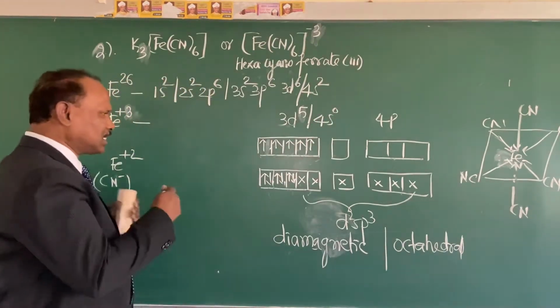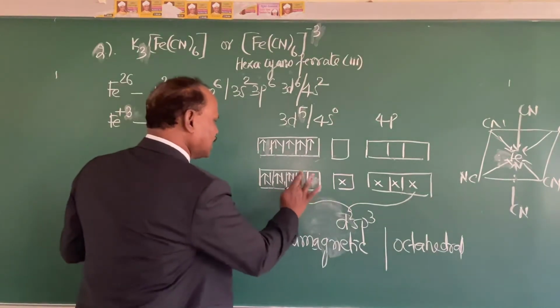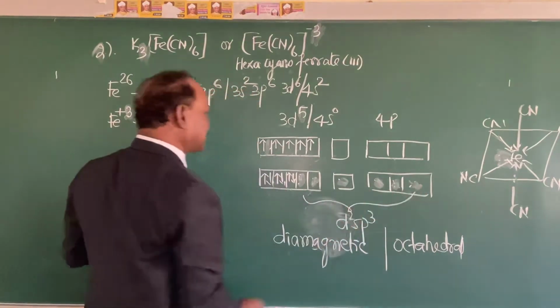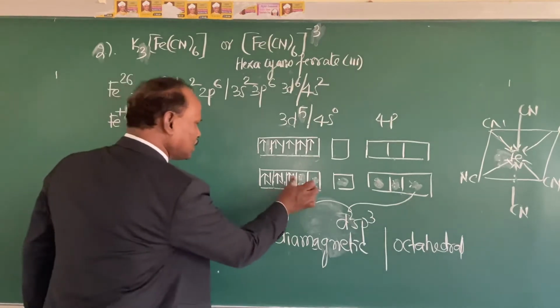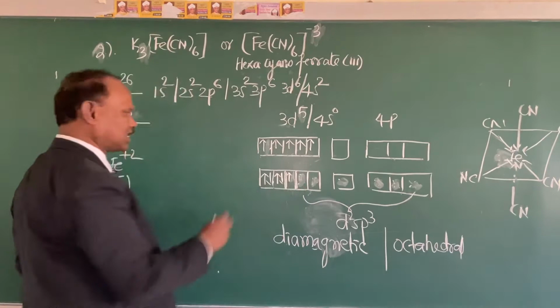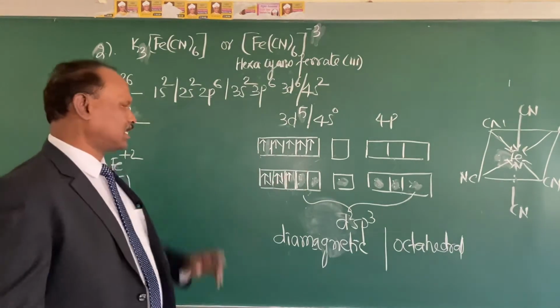There are 5 unpaired electrons, and now they get paired up. So the configuration becomes like this: 2 electrons, and 1 electron is there.